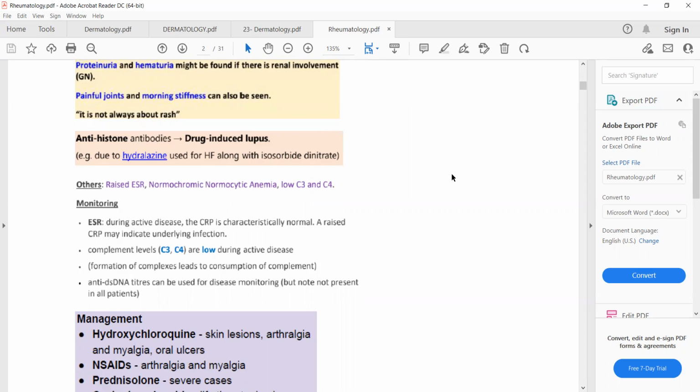Remember that anti-dsDNA titers can be used for disease monitoring as well, but anti-dsDNA is not present in all the patients. So that's why ESR may be a better option for the monitoring of the disease. And CRP levels are usually normal in SLE, and if they are raised, then it may indicate an underlying infection.